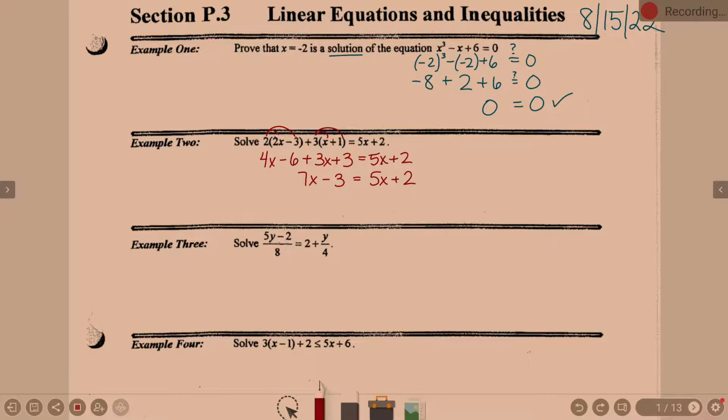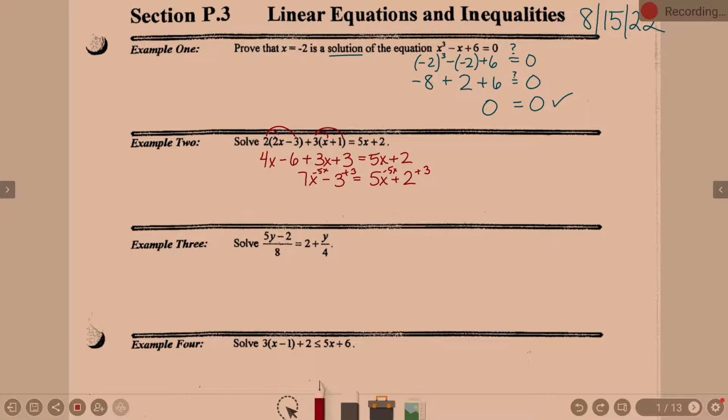Noah's saying add 3 to both sides, so he's getting his plain numbers to the right, which means we also are going to subtract 5x and move it to the left. You're in pre-cal. You can handle if I do these both at the same time, right? So I'm going to add my 3 over to the right, and subtract my 5x to cancel it and move it to the left.